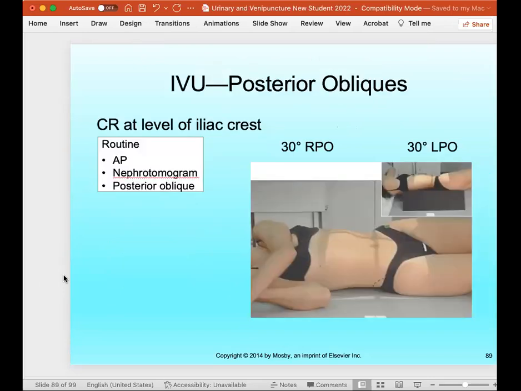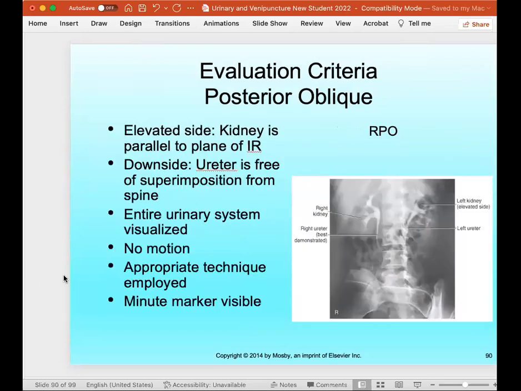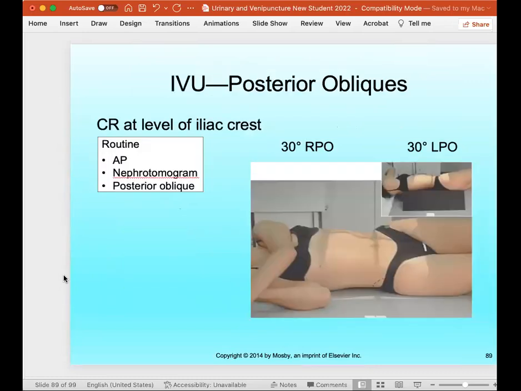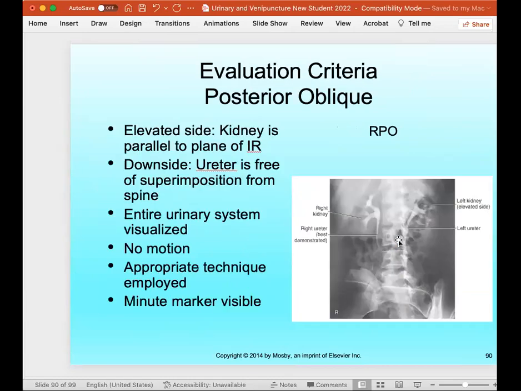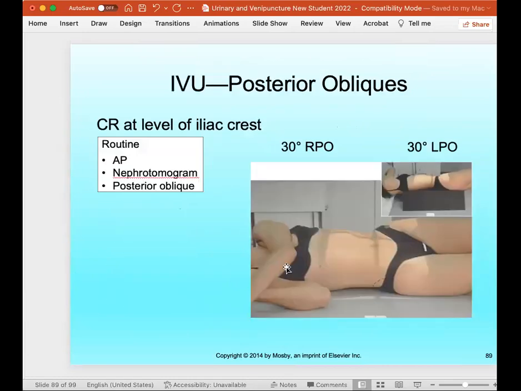Now, this is a very important slide right here, okay? So you do RPO and LPO, okay? Because on the RPO, you're going to visualize the downside ureter, so the right ureter and the left kidney. When we do the LPO, we're going to be visualizing the left ureter and the right kidney.